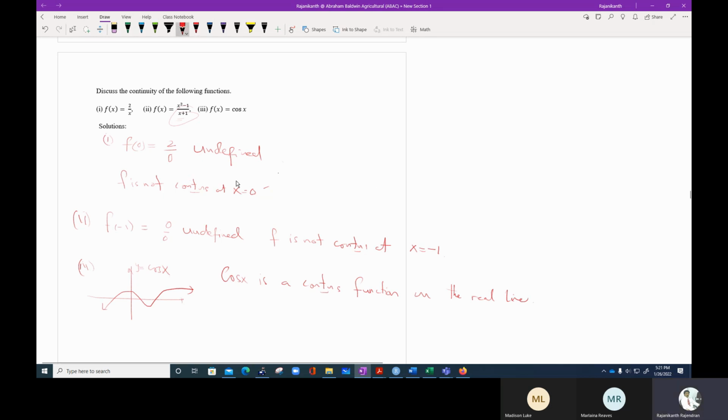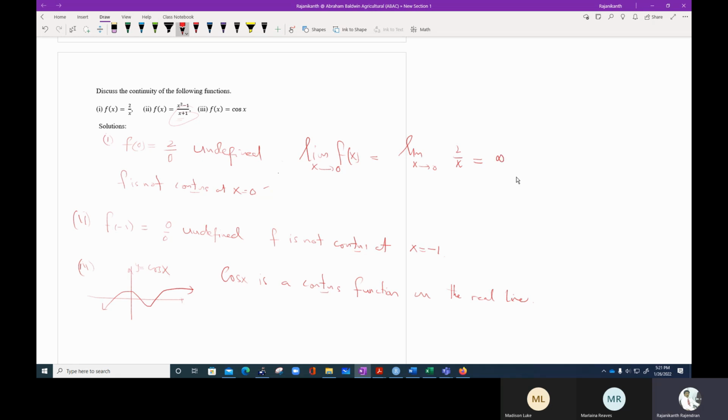So now, what kind of discontinuity do you have for number 1 and number 2? Remember, the limit as x goes to 0 of the function here is nothing but the limit as x goes to 0 of 2 over x.